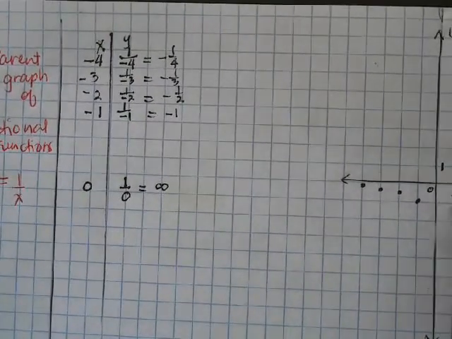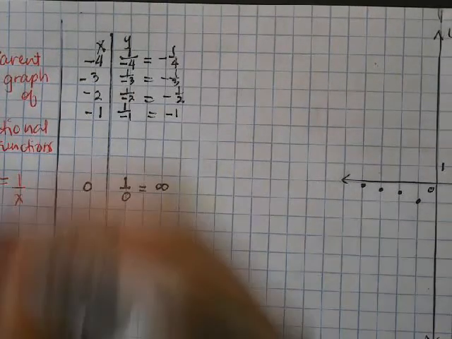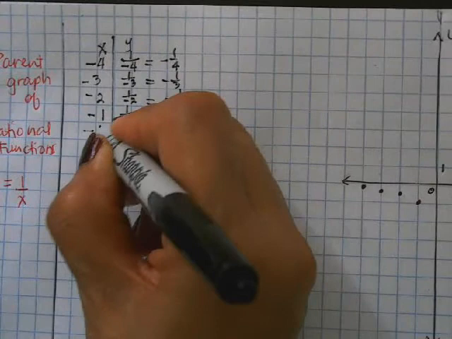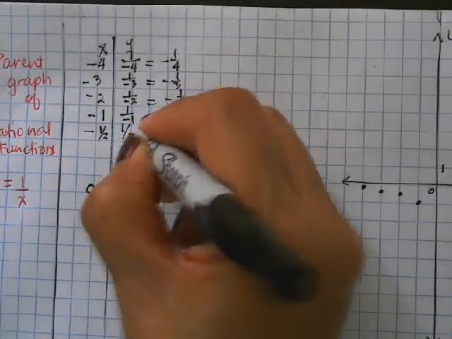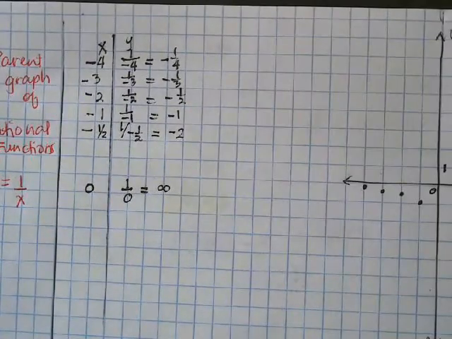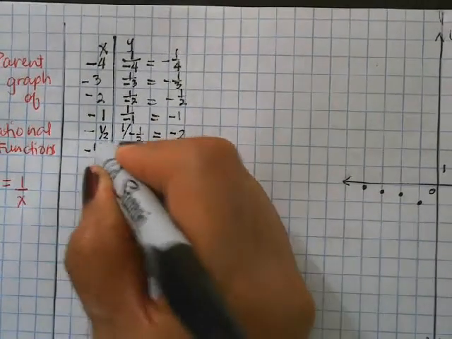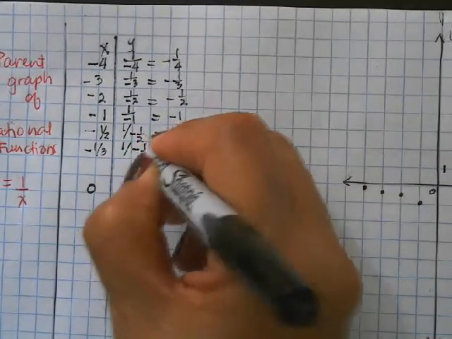So let's just study what happens in this area around here. Let's give -1/2. If x is -1/2, what is 1 over -1/2? I hope you know your fractions. That will be -2. And -1/3. What's 1 over -1/3?